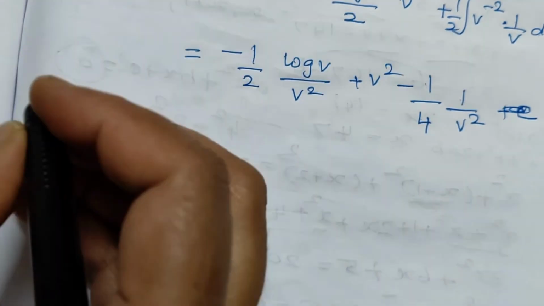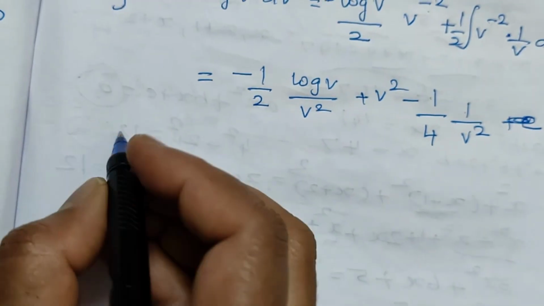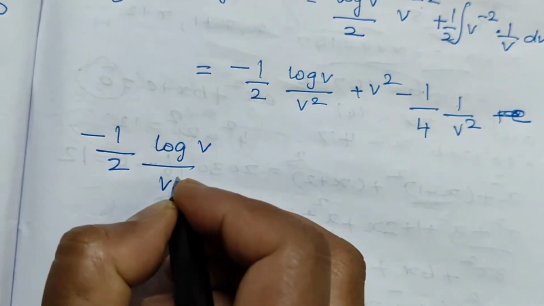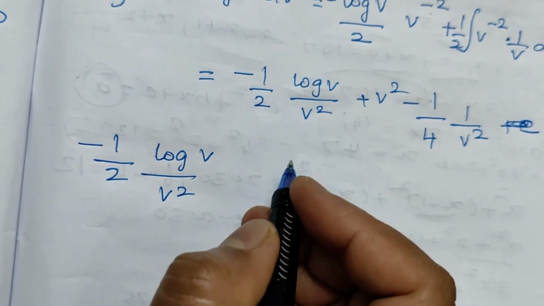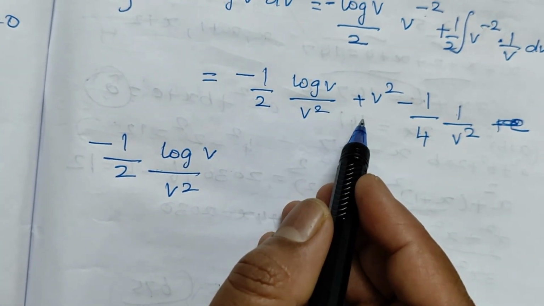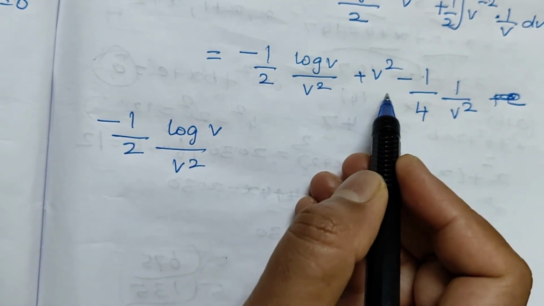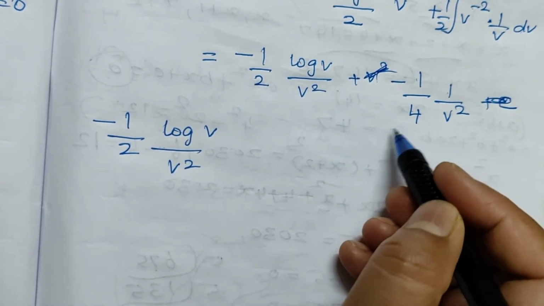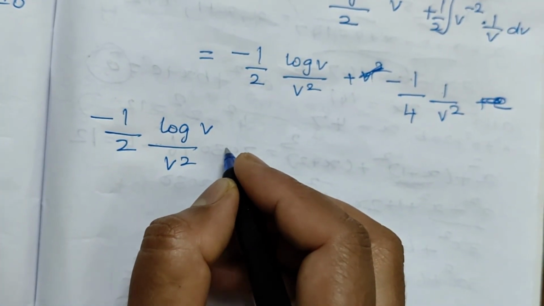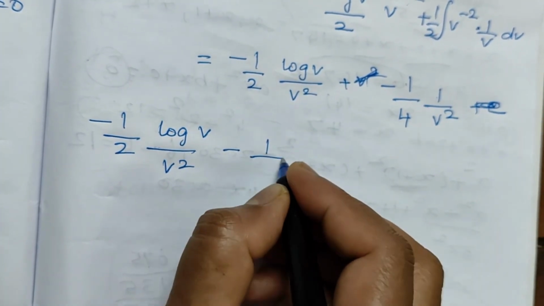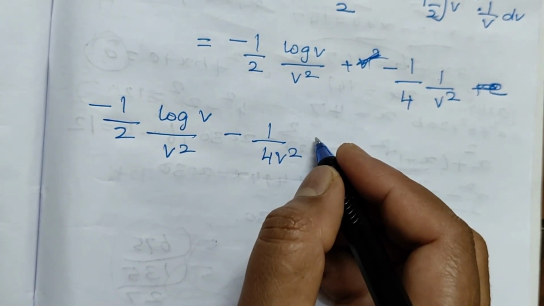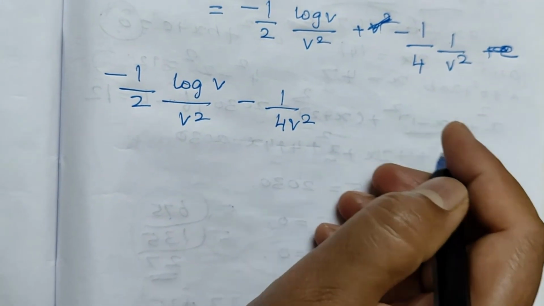So here what you get is the integral of v^(−3) log v dv = −1/2 log v / v² − 1/4 v², as written. Next, the integration of v dv equals v²/2.